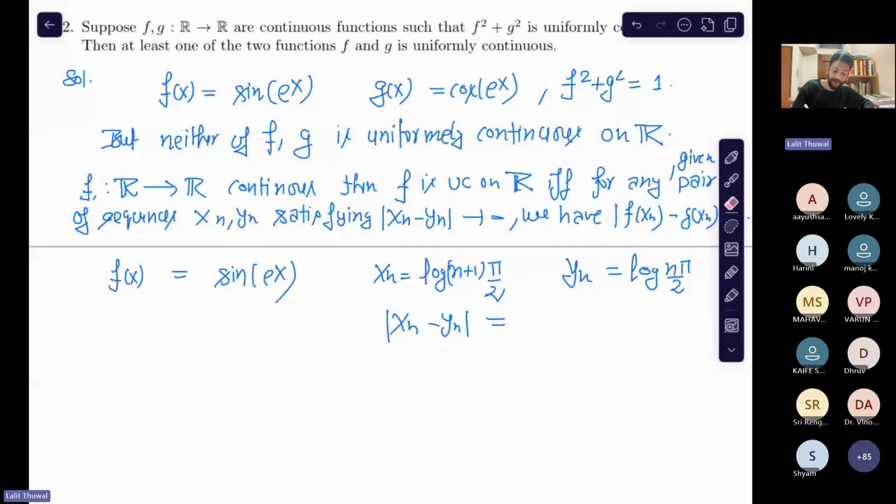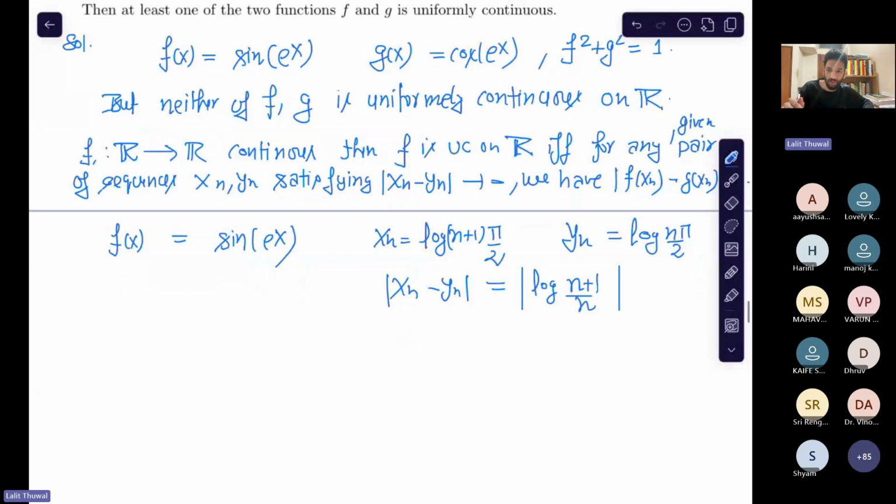This is your work, do it and let me know where this sequence converges. If it converges, their difference must converge. Yeah, it's easy, right? The difference is this, the pi by 2 will be cancelled, and this goes to 0.